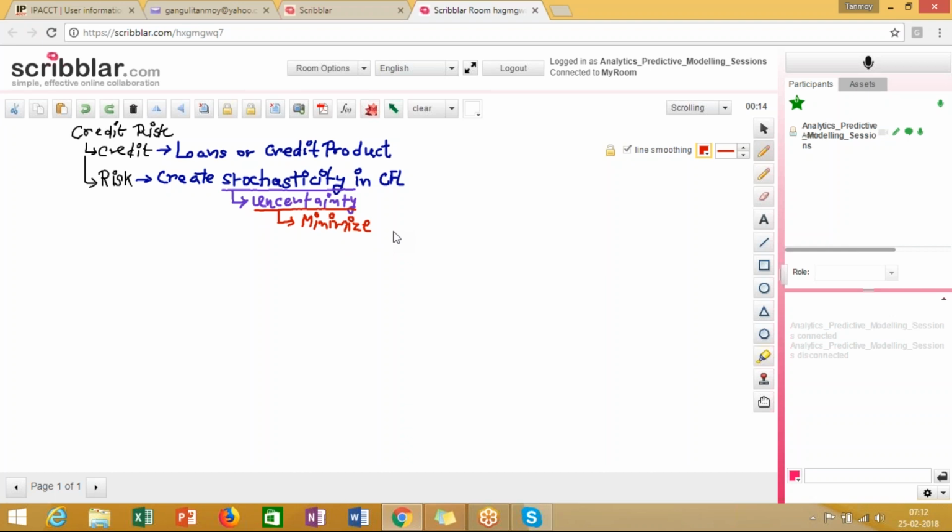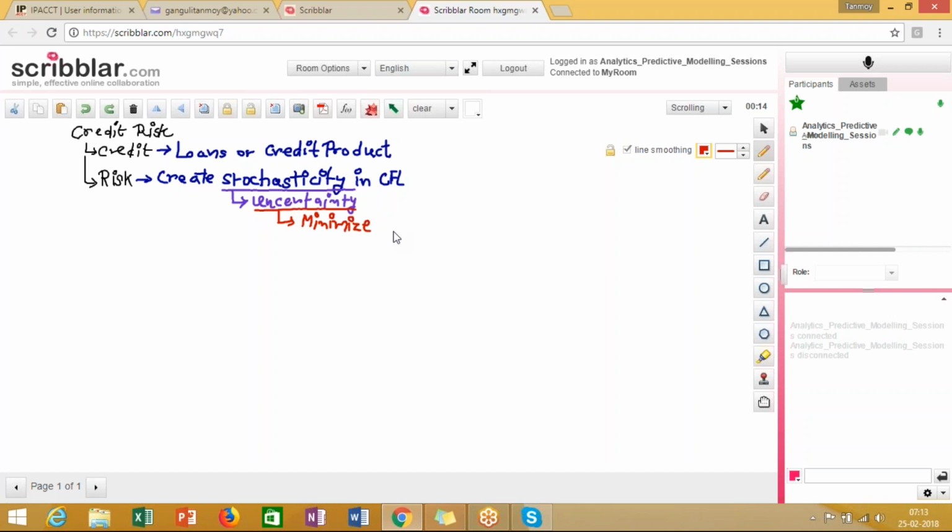Now, the question that comes out over here is that if there is a risk involved in the lending process, then why would a bank lend at all? Why would I, as a bank, go ahead and lend the funds if I know that there is some risk in lending out the funds?